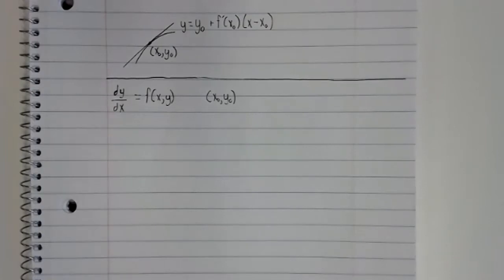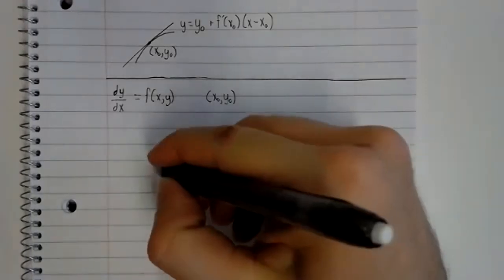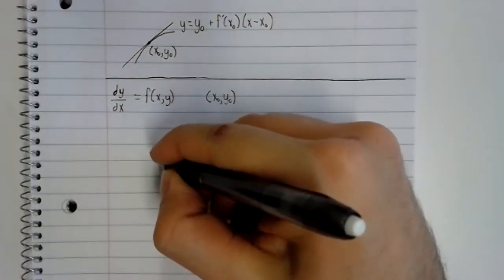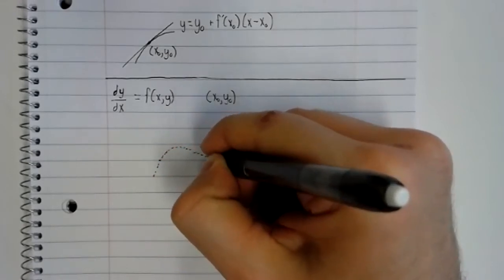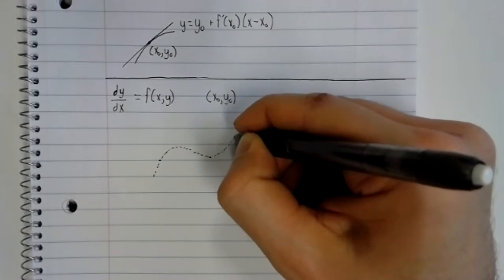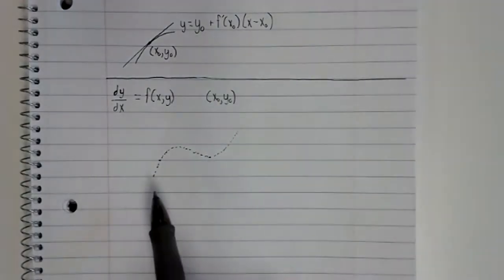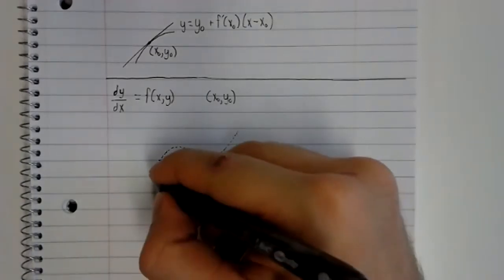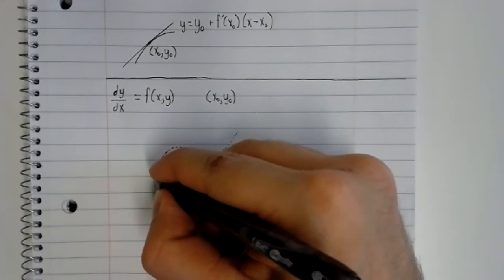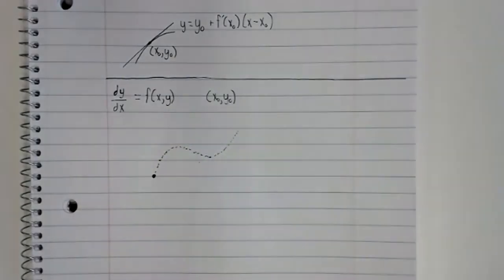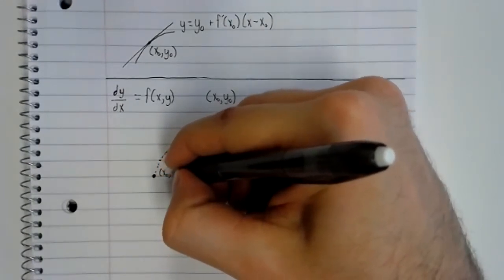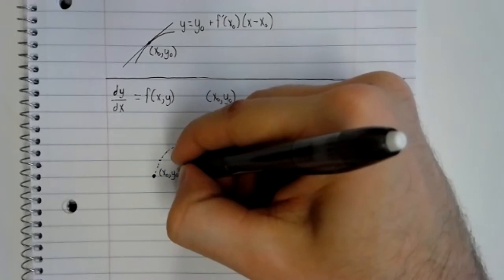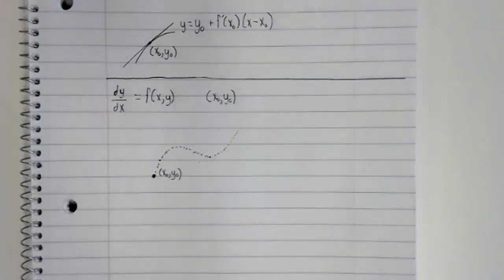We want to find an unknown curve y. So maybe y looks like that, but the only point we actually know is the initial condition, x0, y0.